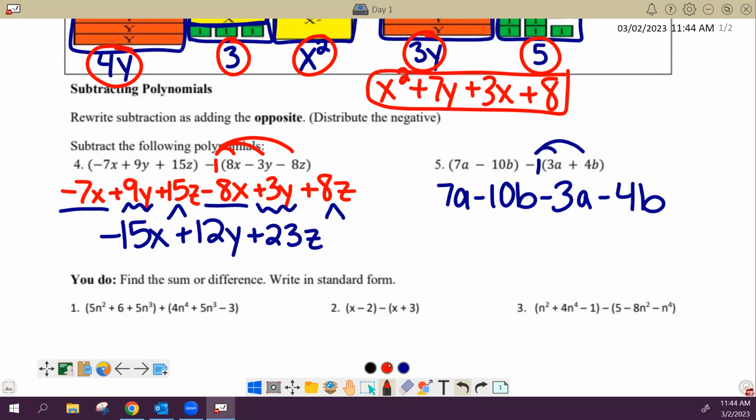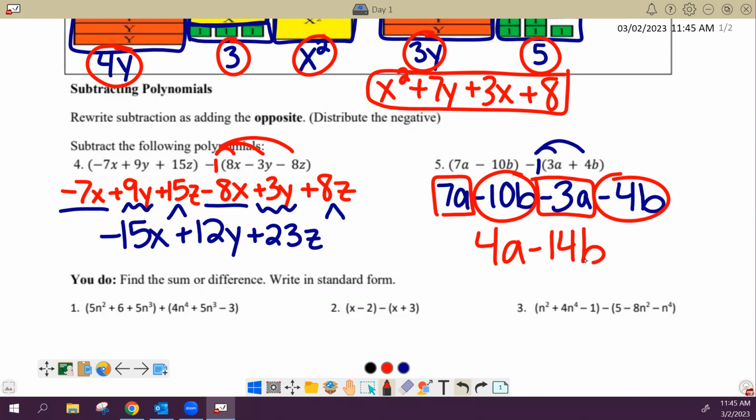And I can combine like terms. So 7a and -3a, 7 and a -3 make 4, so 4a. And then -10b and -4b add together and make -14b. And that one's also done.